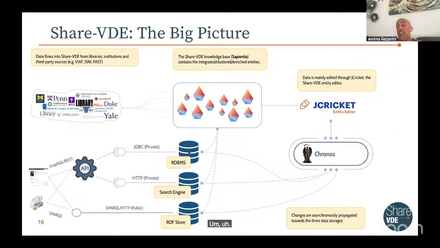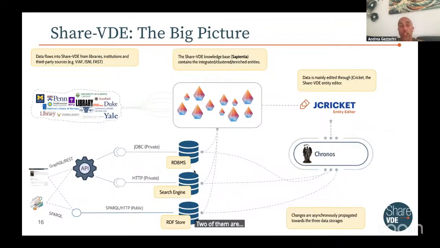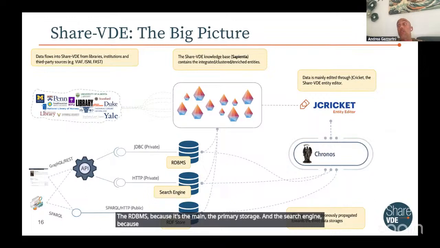As you can see, there is a lot of redundancy because the same data is in different formats for different purposes in three different places. Two of them are crucial. The RDBMS, because it's the primary storage, and the search engine, because we use a lot of search features that cannot be provided using another form of database, NoSQL, RDF store, or even RDBMS.